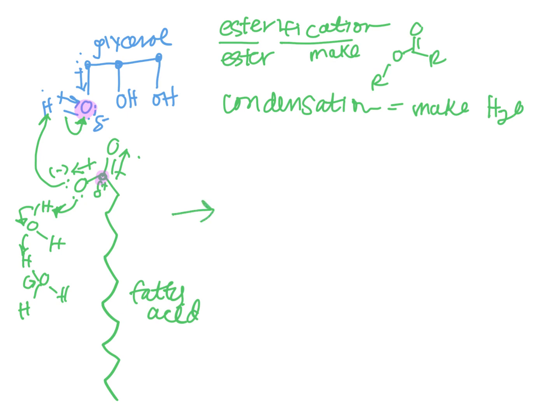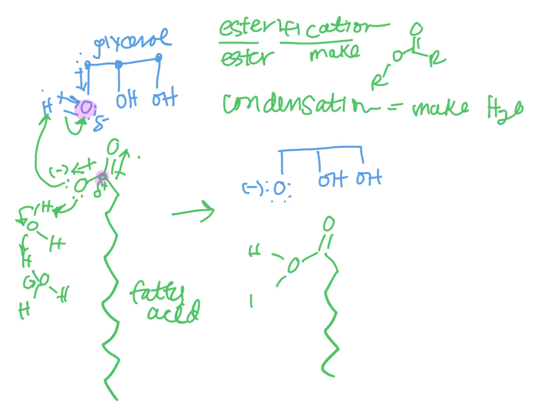So what do I have so far? What I've got so far now is an O minus, a really good nucleophile. And I also have a good leaving group, and I have a good electrophile with the partial positive of this carbonyl carbon.